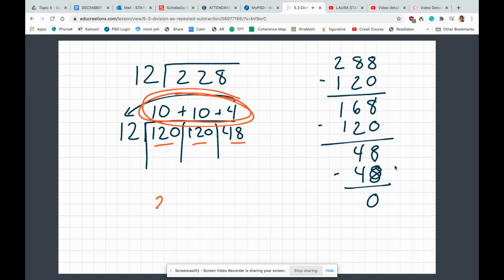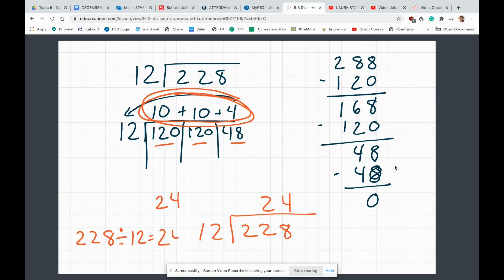So my answer is 24. It might look like this, or you might write it out like this.